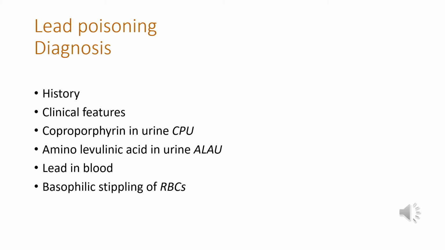Coproporphyrin in urine is another method. Amino-levulinic acid in urine can be measured. Raised levels of these two can tell us if there is lead poisoning or not. Then lead in blood can be measured, or under the microscope basophilic stippling of RBCs, or red blood cells, may be seen.